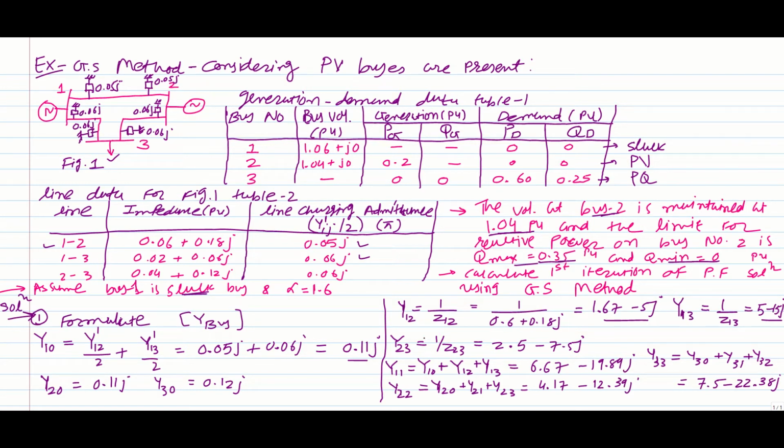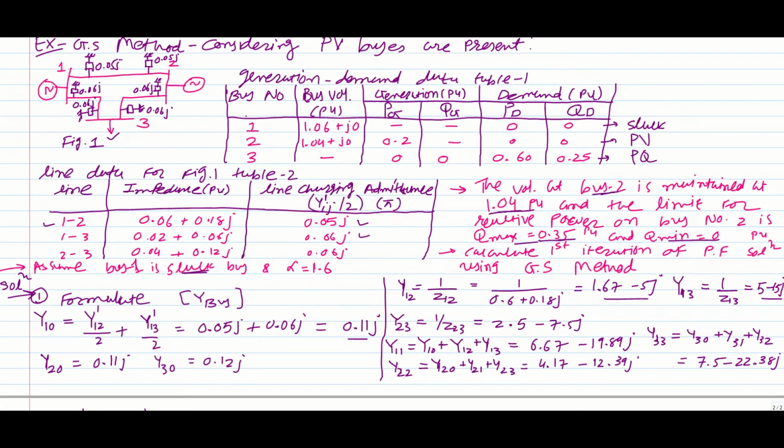Now we have to write the off diagonal elements, which are Y12, 13 and 23, which are the negative of the original values. So let us write Y12 is equal to Y21, which is equal to minus of Y12.